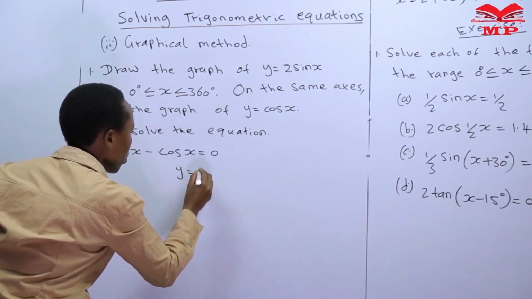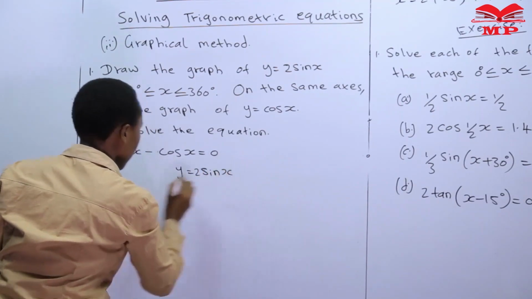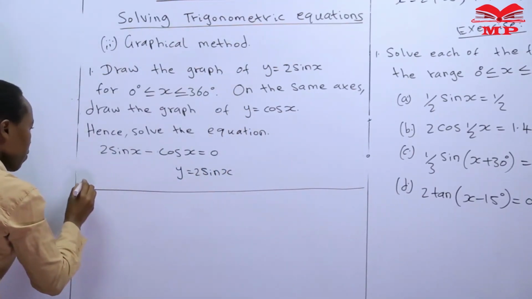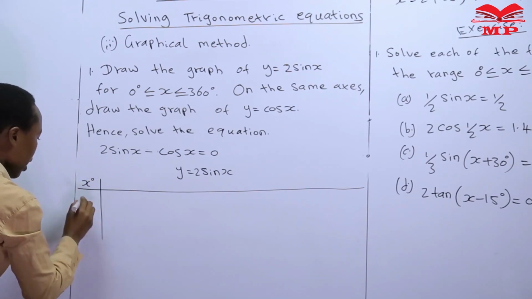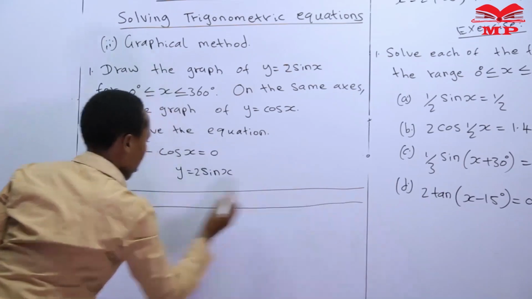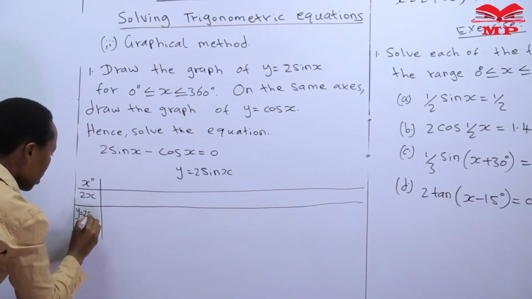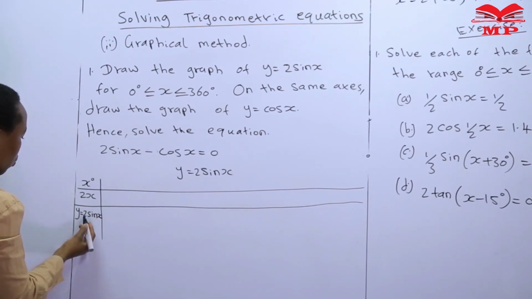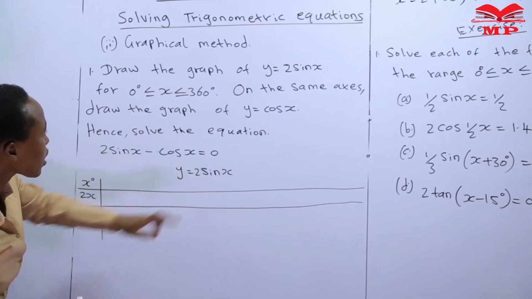We can start with the first one, y is equal to 2 sin x. This is what we have. We have our x here, in degrees. Then we can have our 2 sin x, and finally our y, which is equal to 2 sin x.